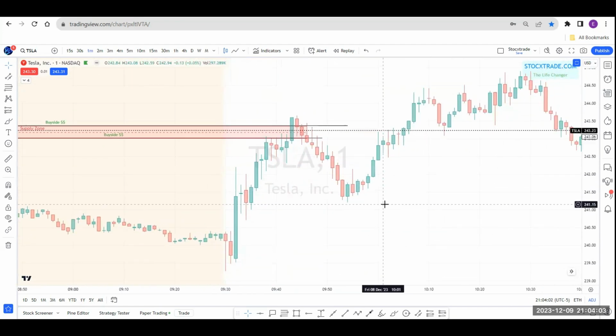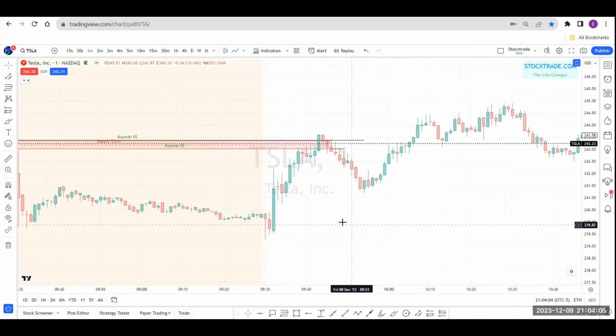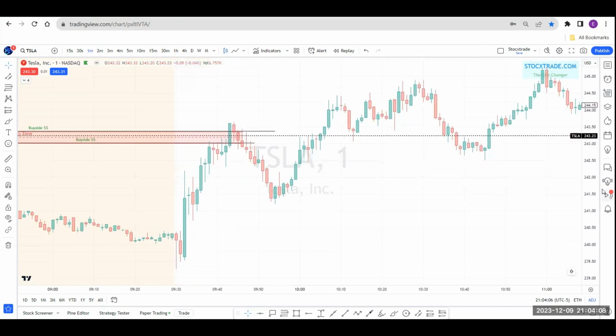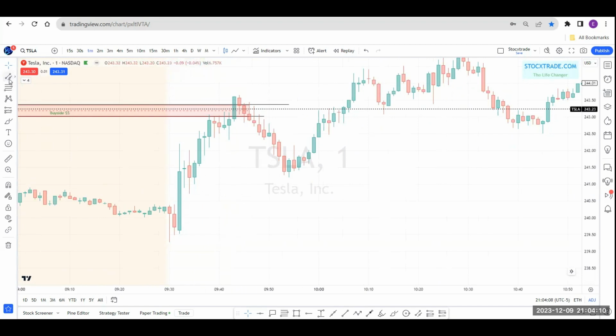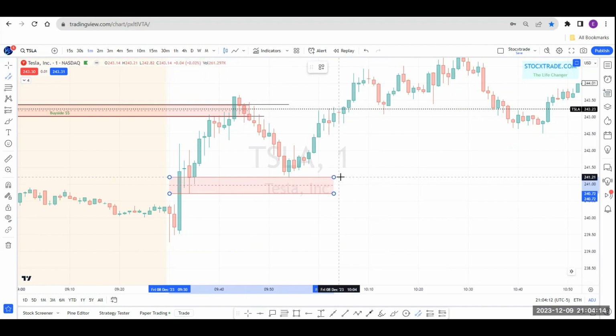You can draw the demand and supply zone. Okay, then what happened? Now this is your demand zone. I'm just marking wick to body because this whole candle is really big for me. This undecided candle, you can mark only this area.